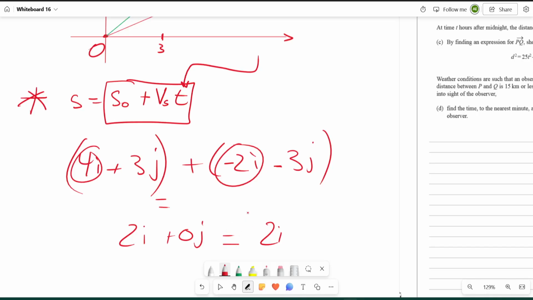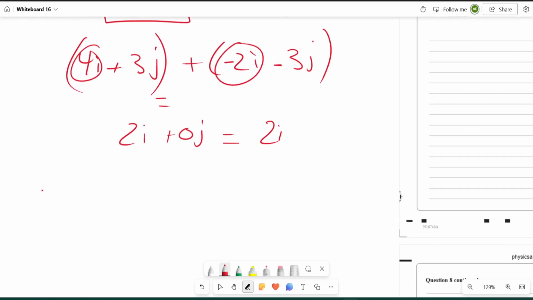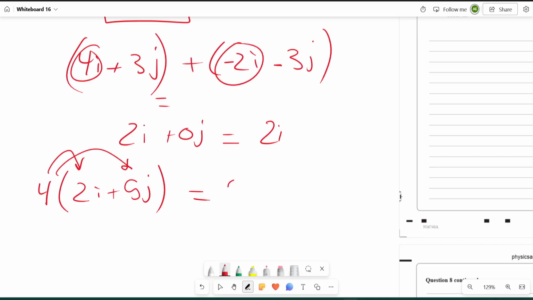One more thing is that if I'm multiplying a scalar coefficient by a vector, 4 times 2i plus 5j, for example, I'm going to distribute, so it's going to be 8i plus 20j.